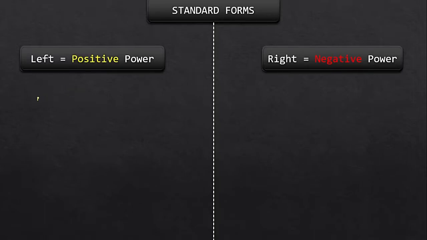whole numbers, because we might have numbers that are whole numbers, and we might have other numbers that are decimals. So when we have whole numbers, like let's say 215, when we want to convert a whole number like this to standard form, we move in the left direction, and when we do so we are going to have a positive power.